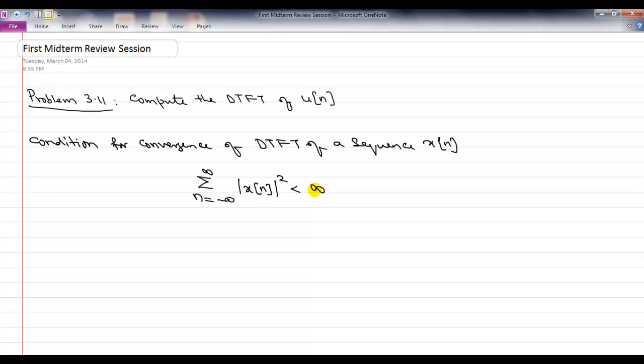But we can get to its Fourier transform through using this complex sinusoid expression and sort of going about it in a reverse fashion. So the way this problem is solved in your solution is the author expresses this in terms of delta functions. And since we know the discrete time Fourier transform of the delta functions and the constants, he's able to show that the DTFT of u[n] is equal to 1 over 1 minus e to the minus j omega plus summation k from minus infinity to infinity pi of delta omega plus 2 pi k.